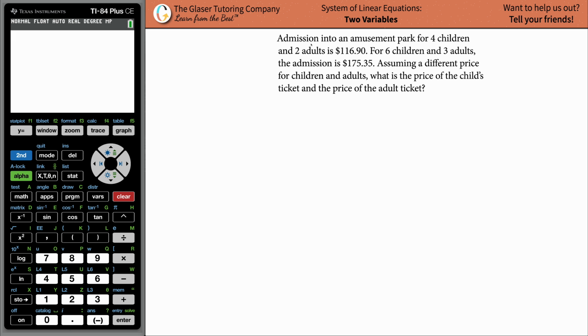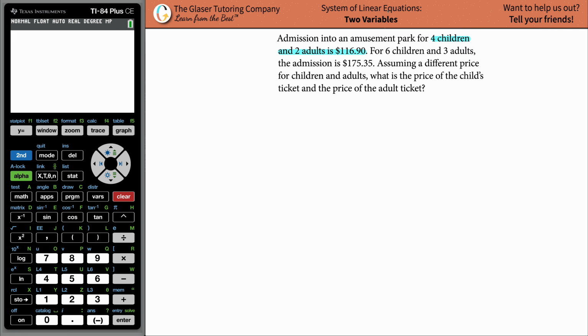It says, admission into an amusement park for 4 children and 2 adults is $116.90. Wow, this was probably written in the 90s. There's no way 4 children and 2 adults come into an amusement park for a little bit over $100. No way.